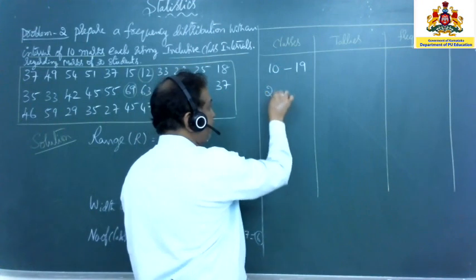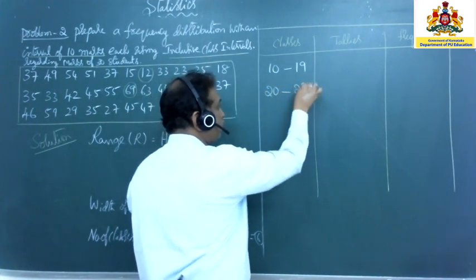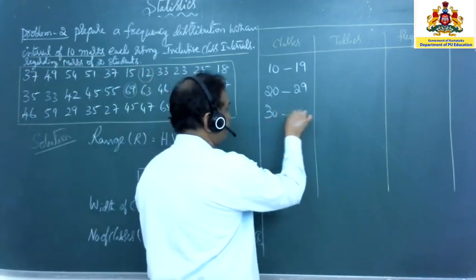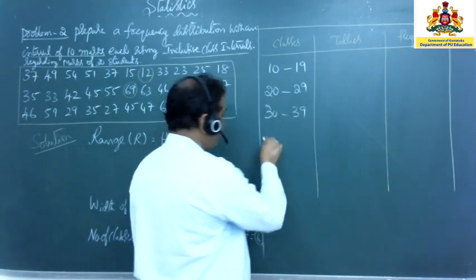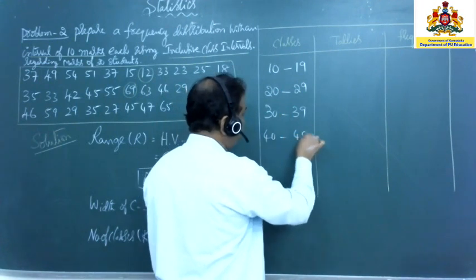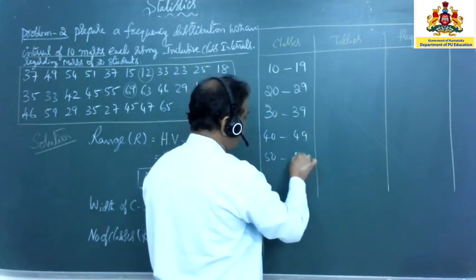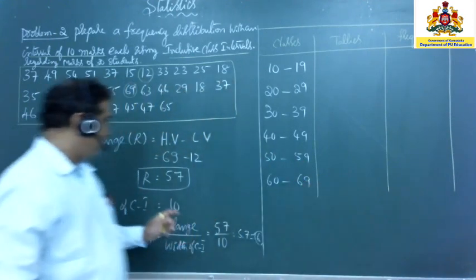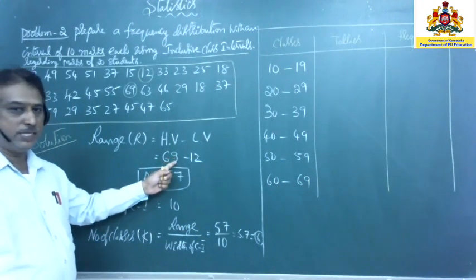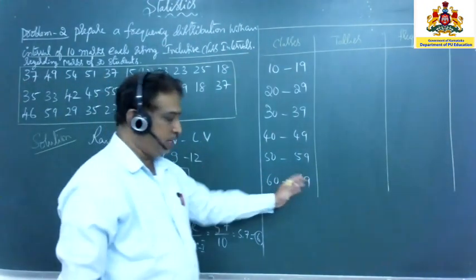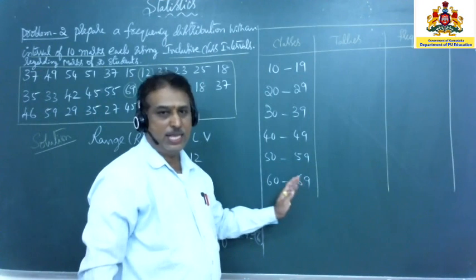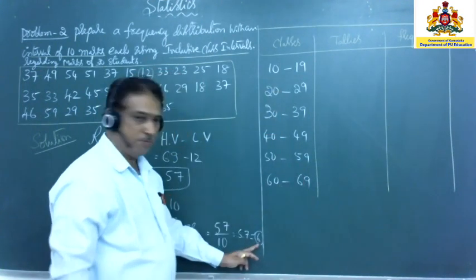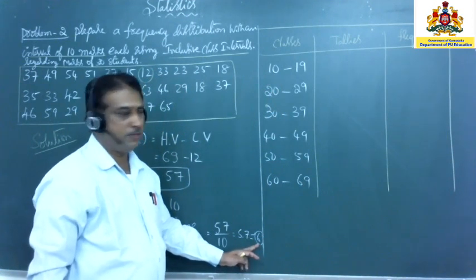Next, you have to write 20 to 29, 30 to 39, 40 to 49, 50 to 59, and 60 to 69. Keep in mind the highest value is 69, and up to that you have to write the classes. Here 1, 2, 3, 4, 5, 6. The number of classes is 6.